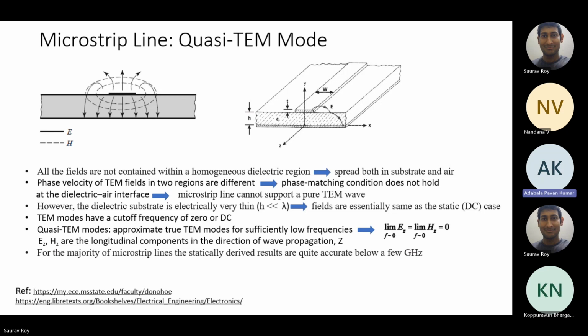Tangential electric field should be the same. Boundary condition. Yes, not only tangential; the boundary conditions should be valid and matched. So now, do you remember how the phase matching condition comes into the picture from that?